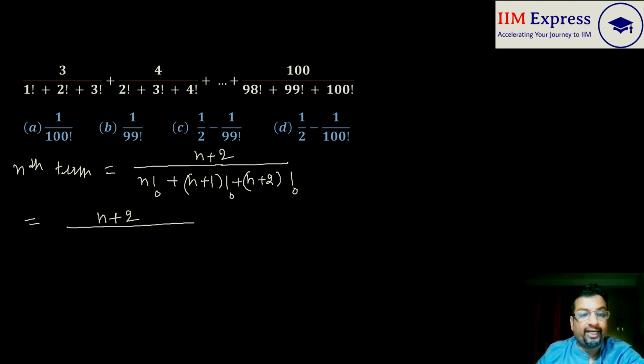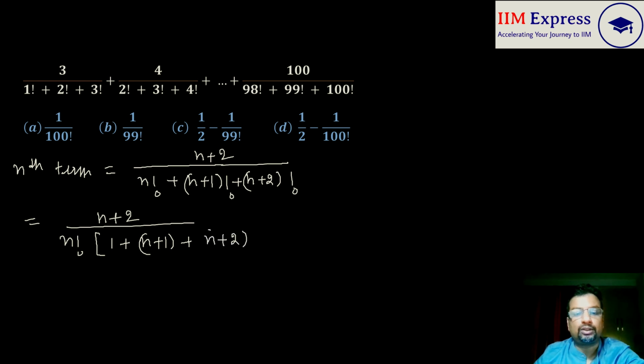If I take common n factorial, it becomes 1 plus n plus 1 factorial, which is n plus 1 times n factorial. So the result becomes n plus 1, and n plus 2 factorial is n plus 2 times n plus 1 times n factorial, so the remaining is n plus 2 times n plus 1.